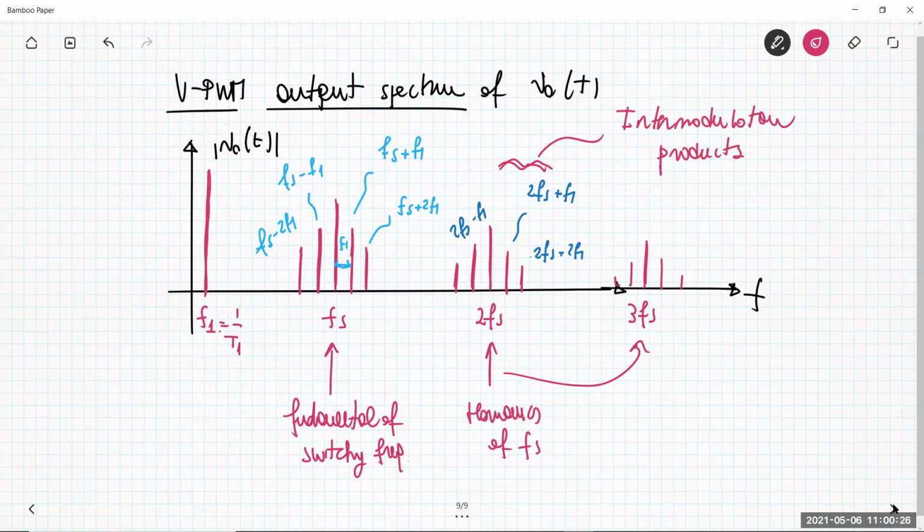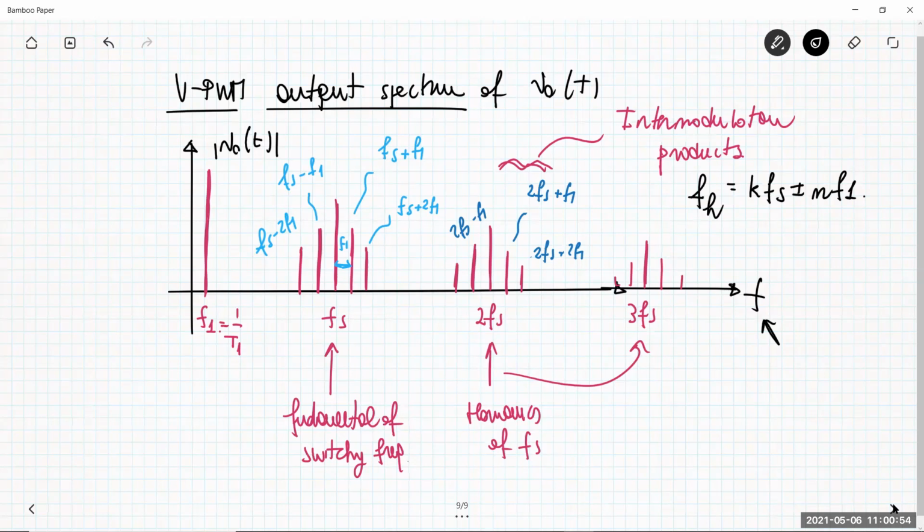These intermodulation products have frequency F_H, for example, which are K times Fs plus or minus N times F1. Okay. This axis is in frequency.